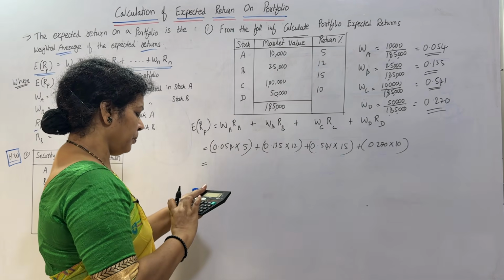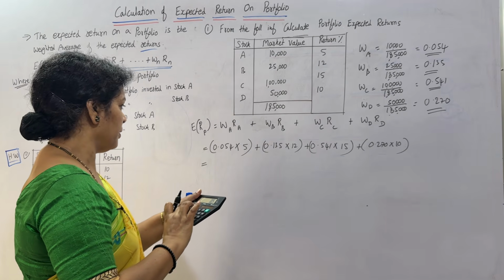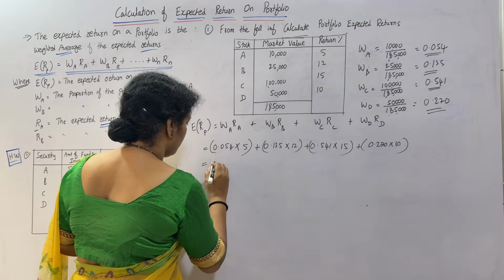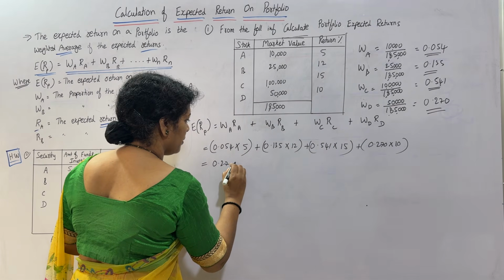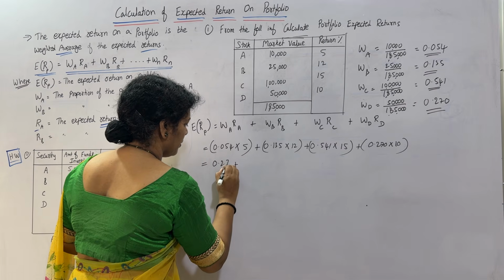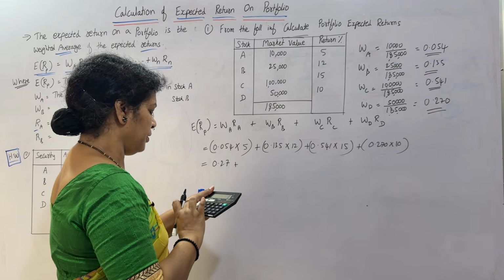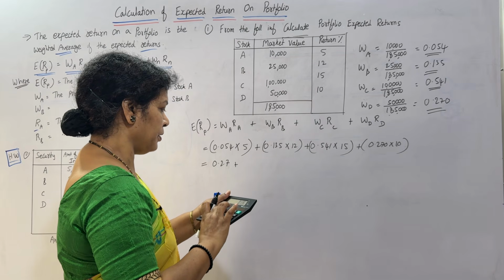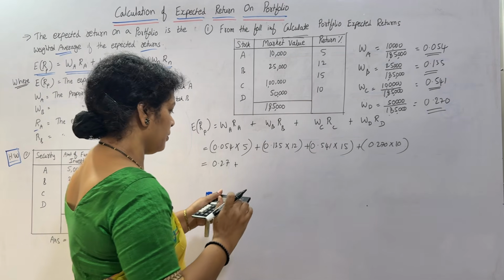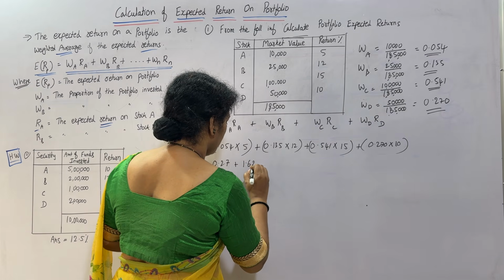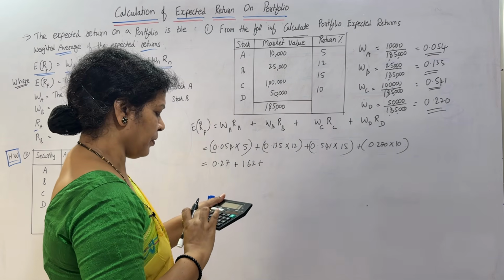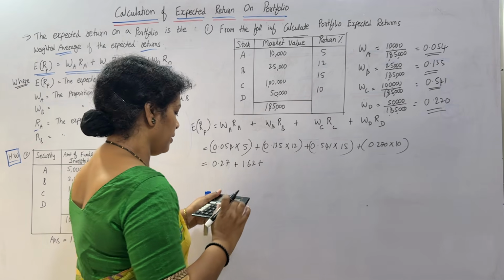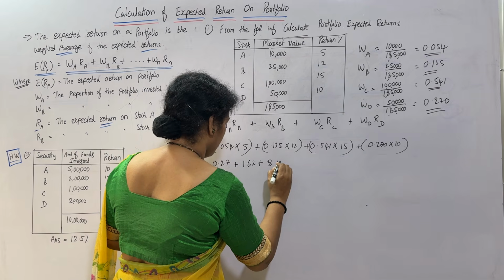Let's see, 0.054 into 5. So this is 0.27. Second one is 0.135 into 12. So this is 1.62, plus 0.541 into 15, 8.115.